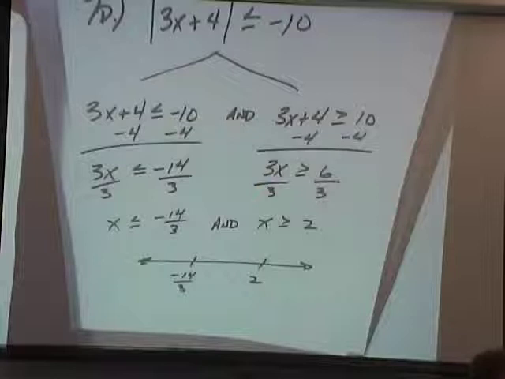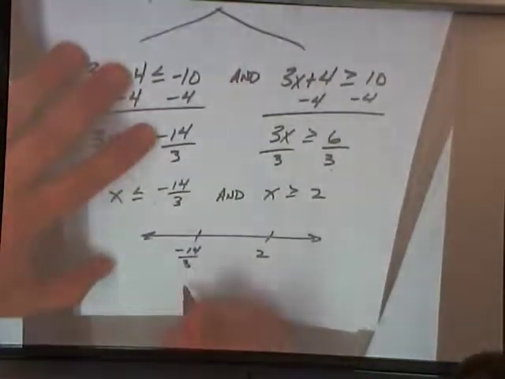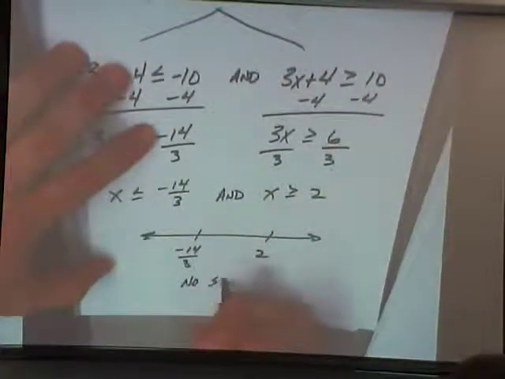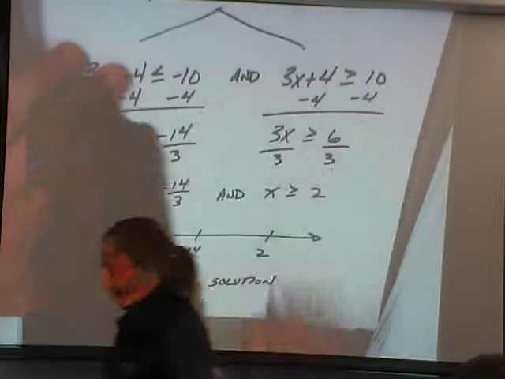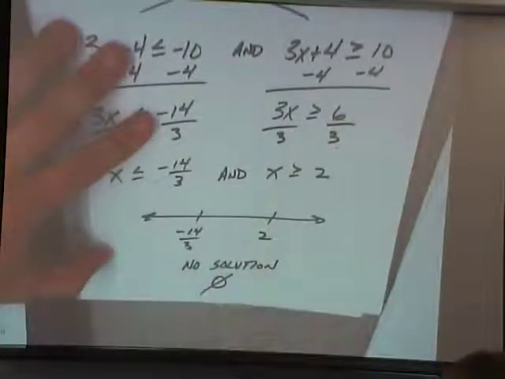And means what? What they have in common, right? What they share. This arrow going this way and an arrow here going this way, they don't share anything. It would be an empty number line. No solution, right? Sometimes you might see no solution as this.